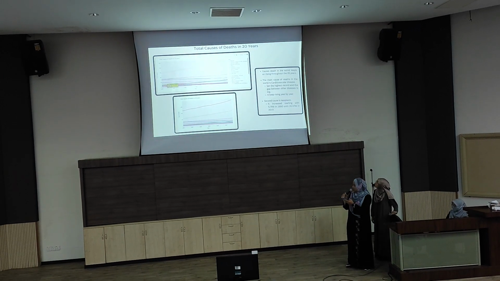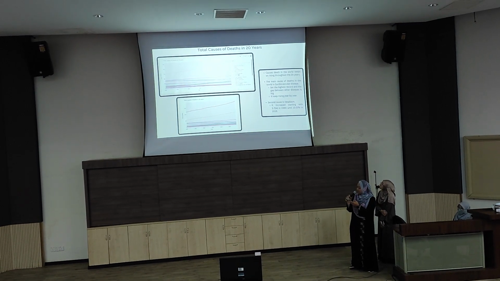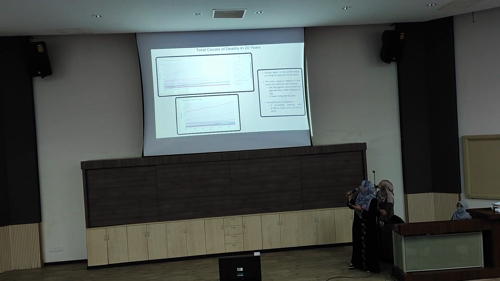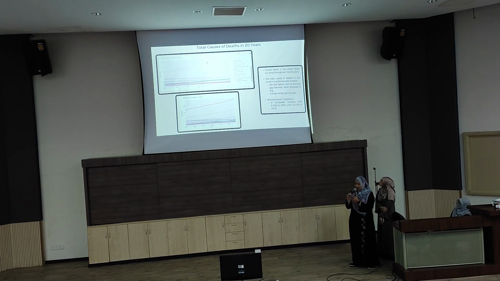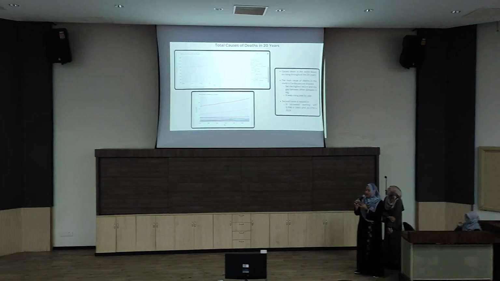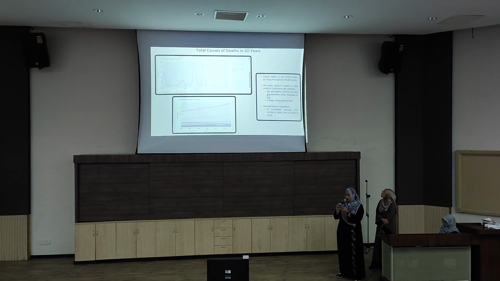So this is a line chart. This line chart shows the causes of death throughout the 20 years. At the right side of the line chart, there is a list of diseases and illnesses that cause death. Based on the line chart, the main cause of death is cardiovascular diseases with the red line.